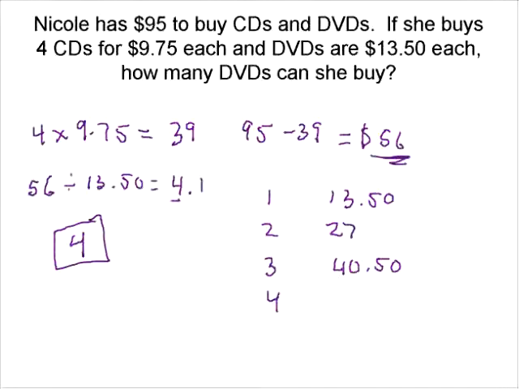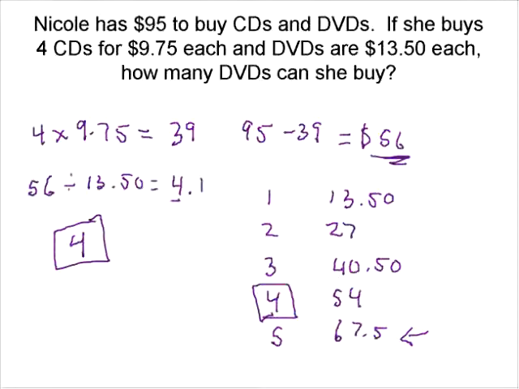Remember, she has 56. 4 DVDs would cost $54, and 5 DVDs would cost $67.50. Sorry about that number 4, I couldn't read my notes. So she has $56, so she can't get this many, so she can get 4. And with this method, we'll know that she has exactly $2 left over, because she spent 54. But the answer to this question would be she could buy 4 DVDs.